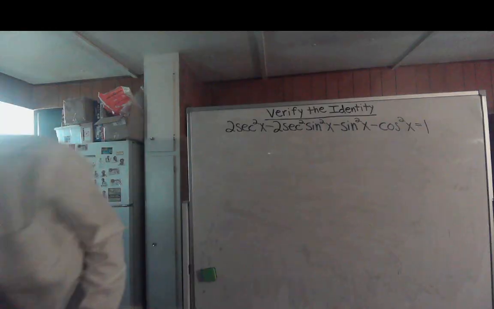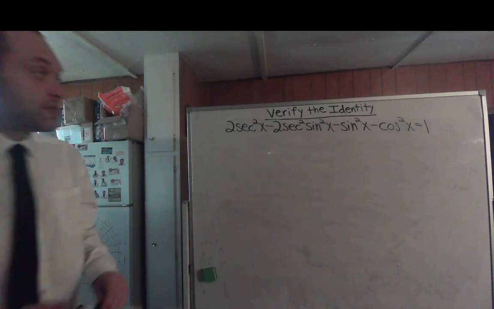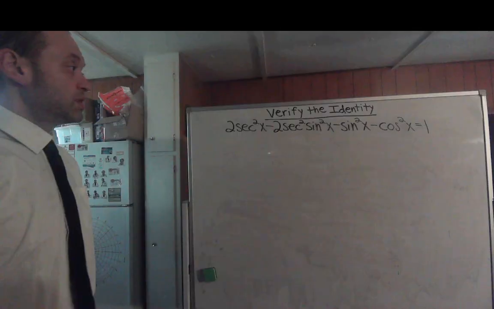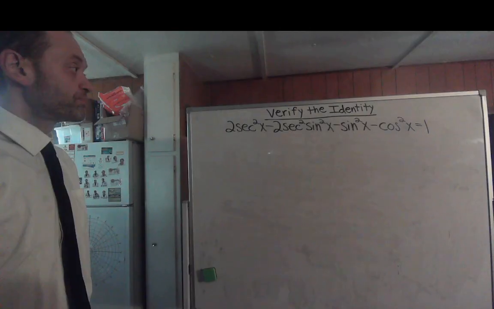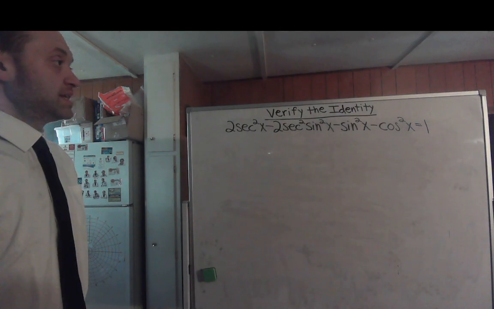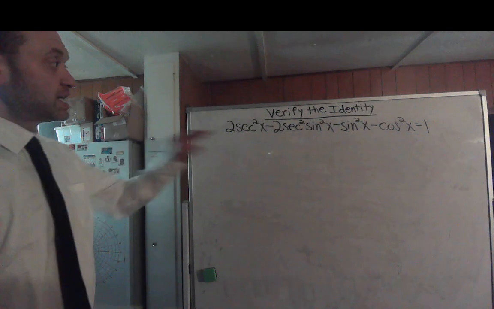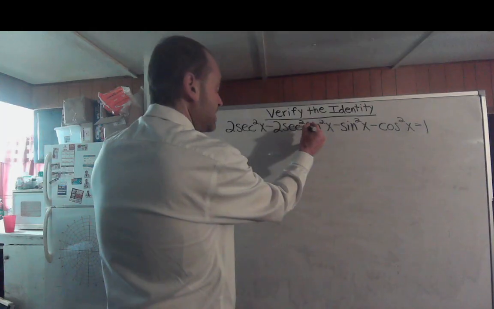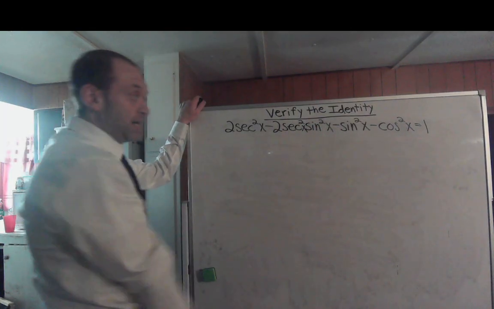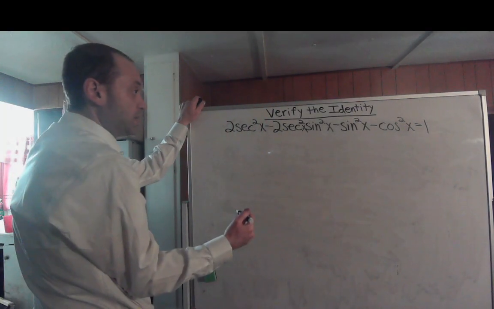So that's a rather long one. That one was rather long, so I do apologize in advance, but let's see here. So 2 secant squared of x minus 2 secant squared of x sine squared of x minus sine squared of x minus cosine squared of x equals 1.